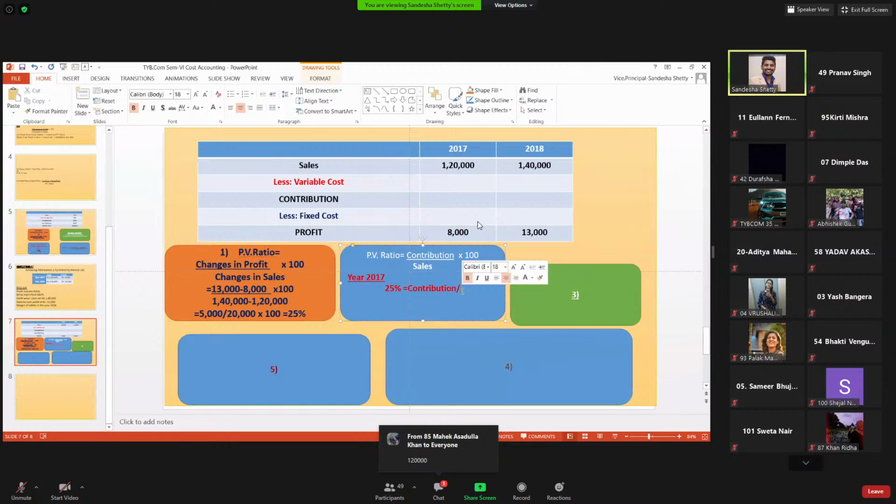Students, are you getting my point? Taking the previous answer, you are calculating something else now. We don't know the contribution, that place is blank, but you know sales. Please tell me the sales amount. 1,20,000. Is it correct?